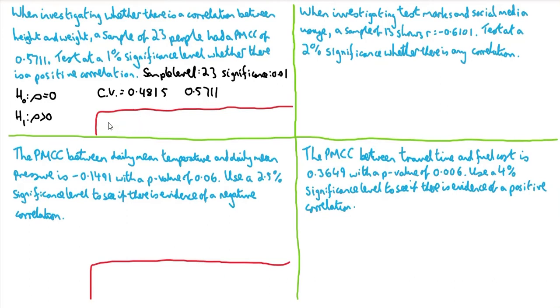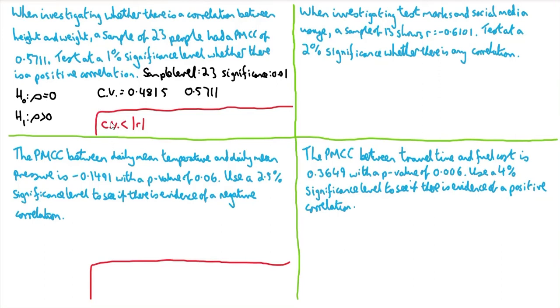So we can either have that the critical value is less than, and rather than the significance level in this case, here we're comparing with the modulus of the PMCC that the description gives us. If you're not familiar with the modulus from Pure yet, this is just something that basically tells you to ignore the minus sign. So if you had a negative PMCC given to you in the question, just forget the minus, look at it just as the magnitude of the value, the decimal itself.